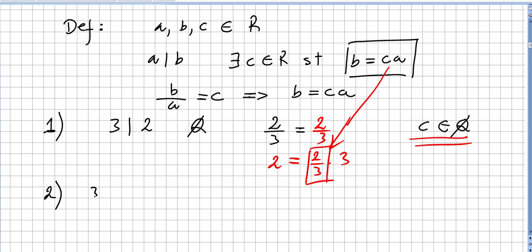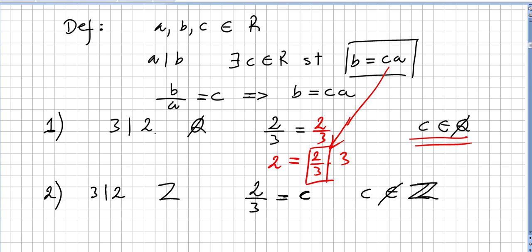Okay, let us ask the same question. Does 3 divide 2 in the ring of the integers? Well, you're not going to get any C. C will not belong to the integers, right?